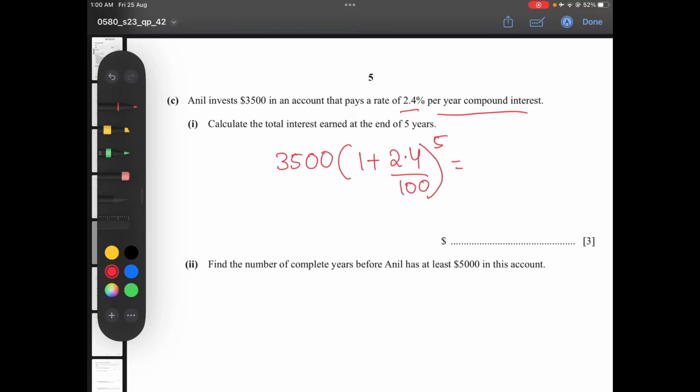Now the value you get here is 3940.649674. But remember, this is the total amount in the account. This is not the interest earned. It includes the interest earned and the initial investment. So you subtract 3,500 from this, and you get 440.65.